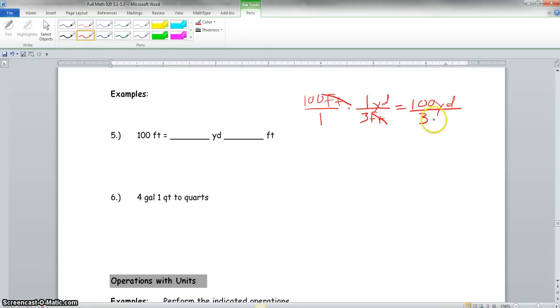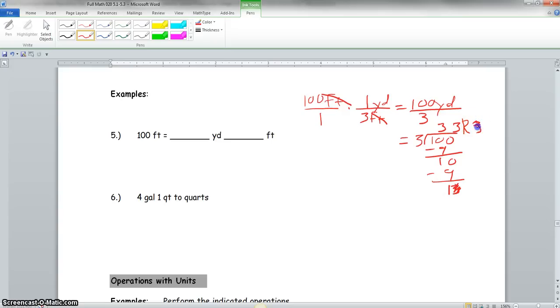Now this is what you would do. To find out how many yards you have, you would say 100 divided by 3. 3 goes into 100, and I know you have a calculator. 3 goes into 10 3 times, and 3 goes into 10 3 times. So you have a remainder of, actually, no, that's supposed to be 1.